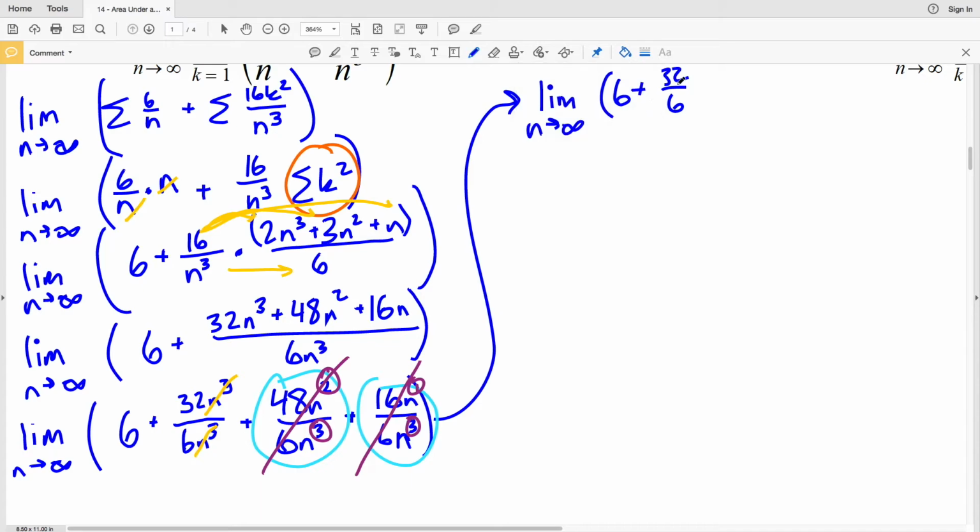So we just have the limit of 6 plus 32 over 6, which n is not even involved, therefore it's just a constant. 6 plus 32 over 6.